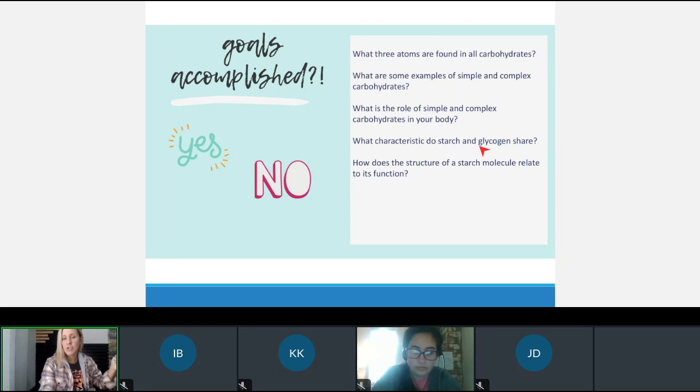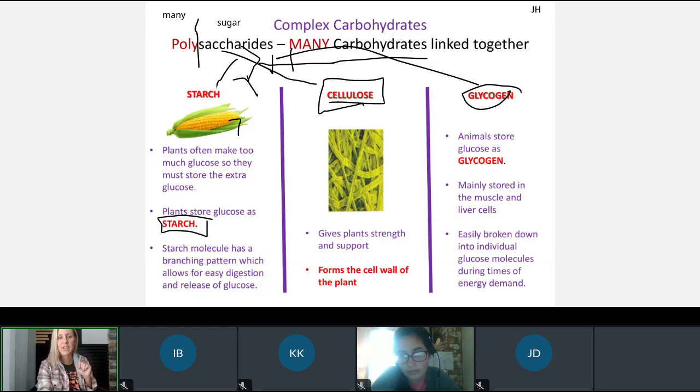Glycogen and starch, what do they share? They're not simple. They are what? Complex. You absolutely can do that. They are complex. So they're characteristics that they share, that they are basically energy overflow. Remember how we talked about that?